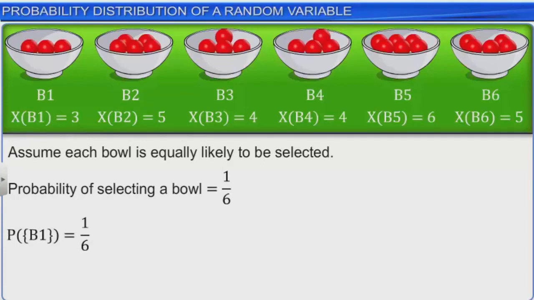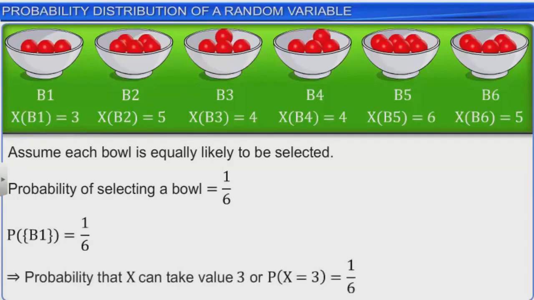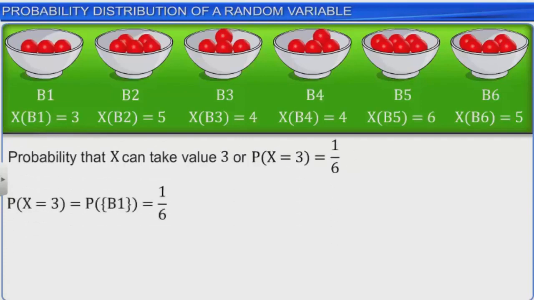Or the probability that X can take the value 3, or P of X equal to 3, is 1/6. The probability that X can take the value 3 is equal to the probability that a bowl with 3 marbles is selected, which is equal to 1/6. Similarly, the probability that bowl B3 or bowl B4 is selected is 2/6.